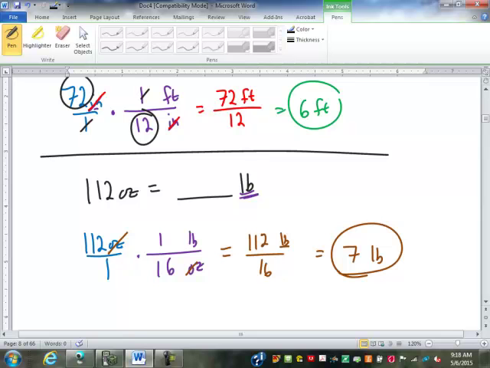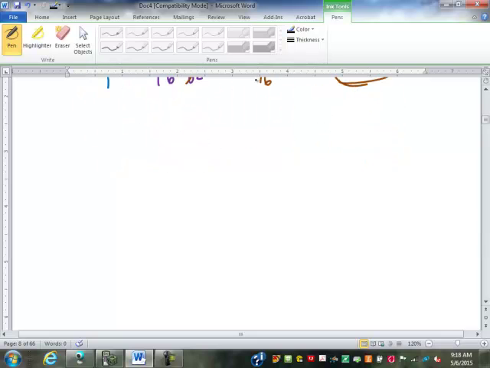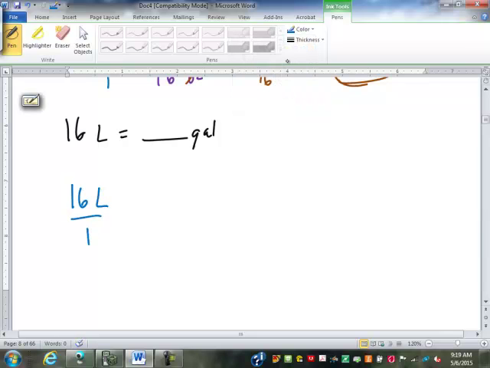Okay. Next, we might go from standard to metric or metric to standard. We might have like 16 liters going into gallons. This might be on the final, yes. So what would go over here? What goes in our conversion factor? Well, liters on bottom, gallons on top. What's the relationship between gallons and liters?